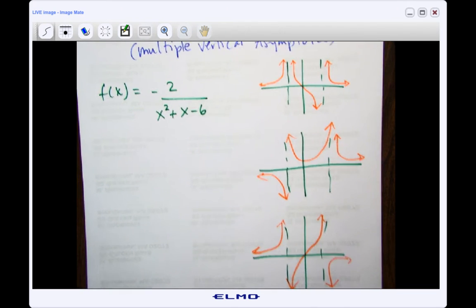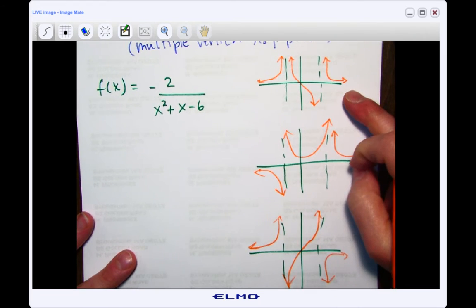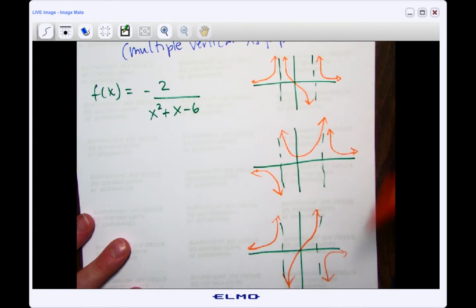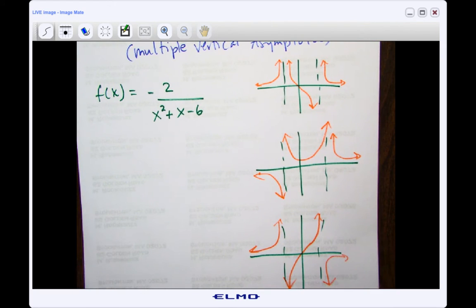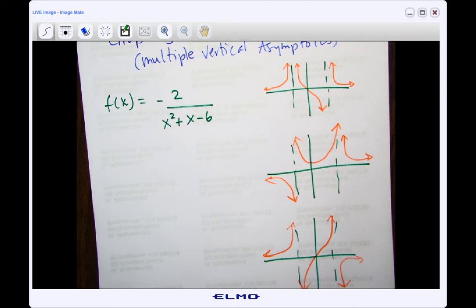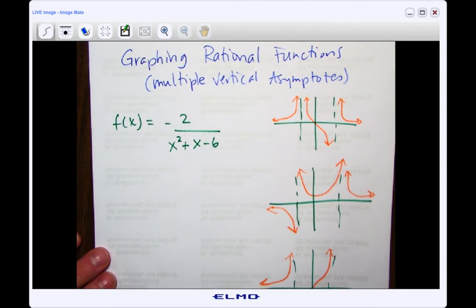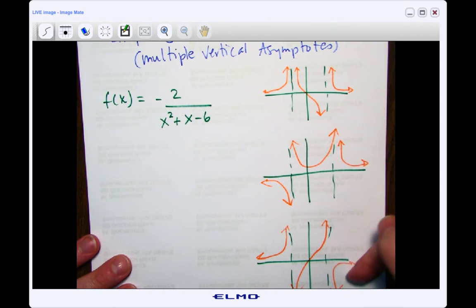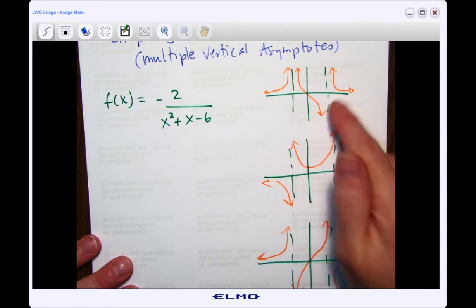Okay, so there's a few ways that these can look when we have two vertical asymptotes. Now, it's very rare that you're going to get a question that has more than two vertical asymptotes because generally that's not something that you'll see in a regular high school textbook. But we're going to decide how to figure out what the picture looks like and how to draw it.